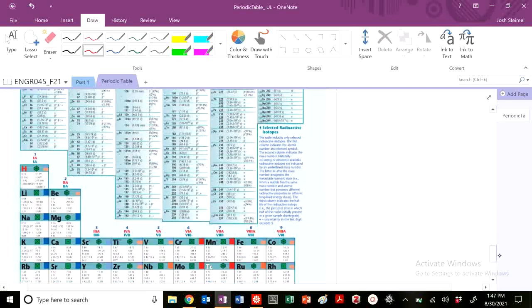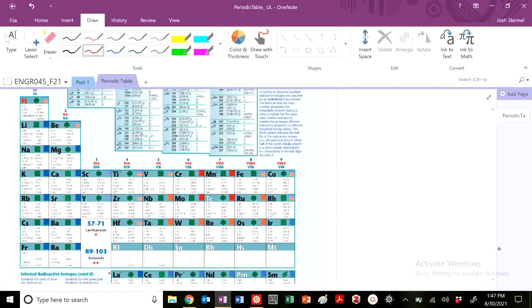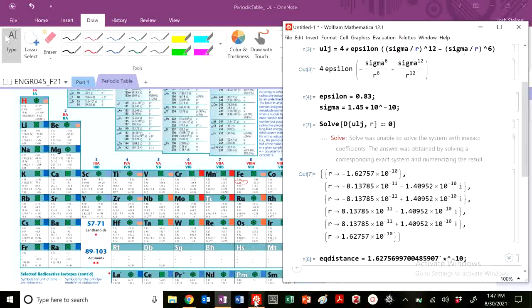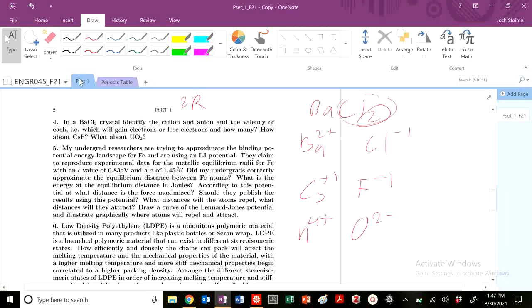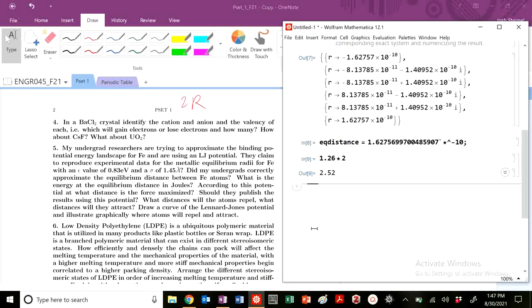Iron, Fe, is 1.26 angstroms. So my equilibrium distance would be 2r, 1.26 times 2, which is 2.52 angstroms. So not quite. Something's a little bit off so far, but let's keep answering the question. This is not right, and we'll get to why in just a second.